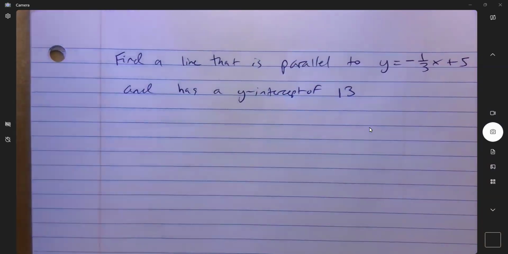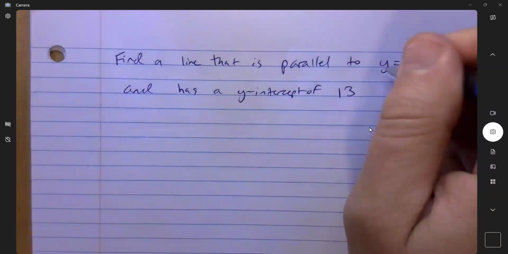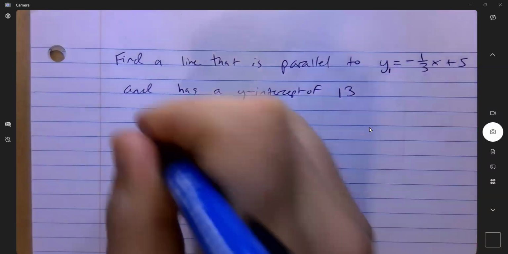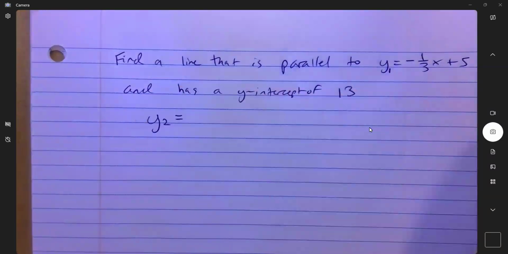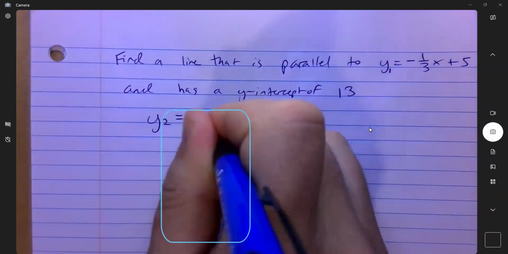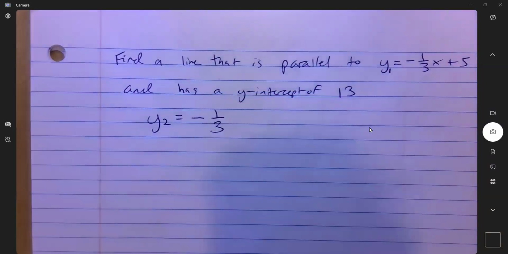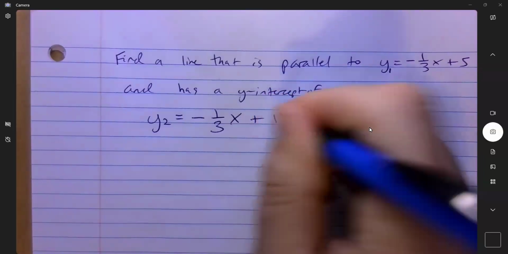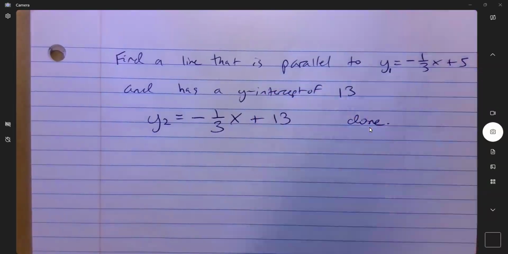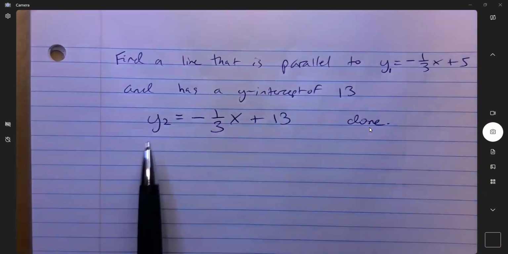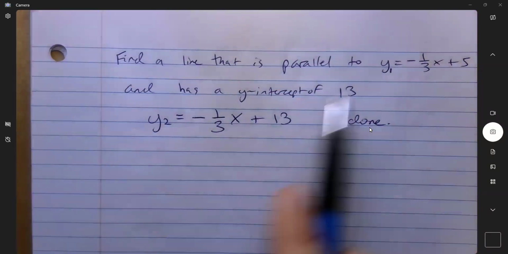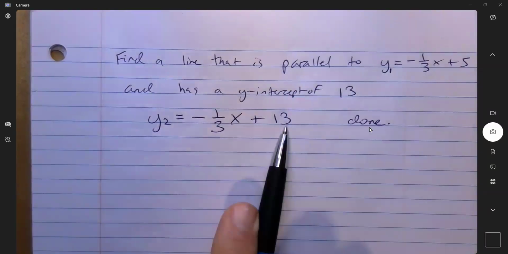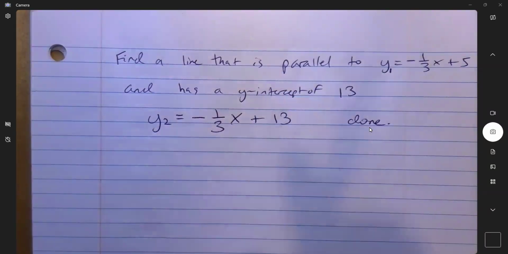And you would say, okay, it's parallel. So let's call this y1. y2, if I know it's parallel, it has to have the same slope. So the slope is -1/3. And it has a y-intercept that equals 13. And I'm done. y2 is parallel to y1, and it has a y-intercept of 13.